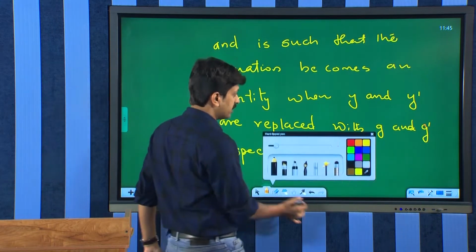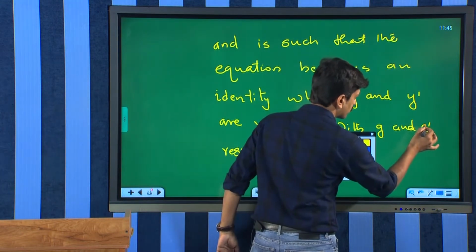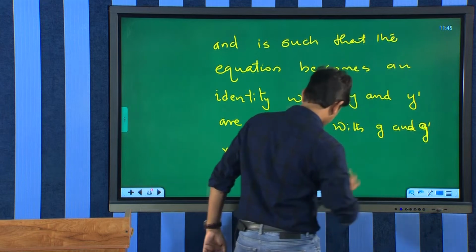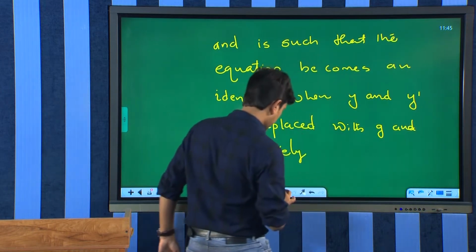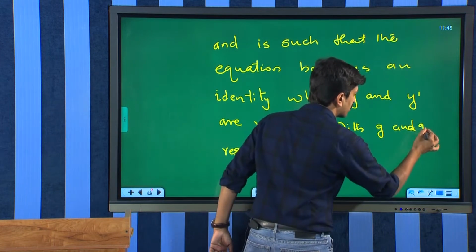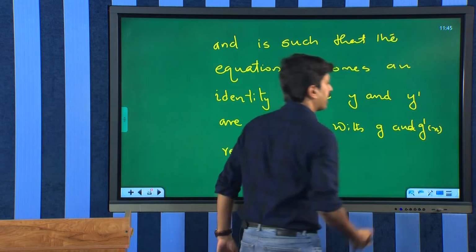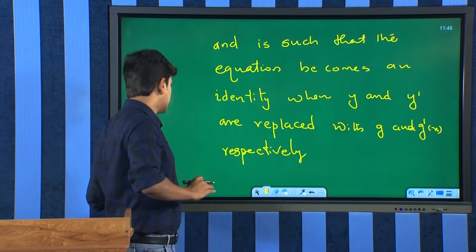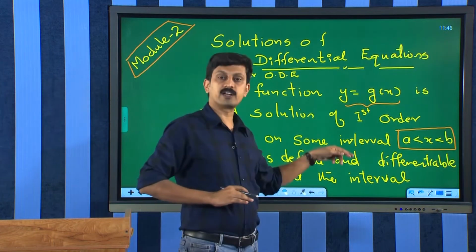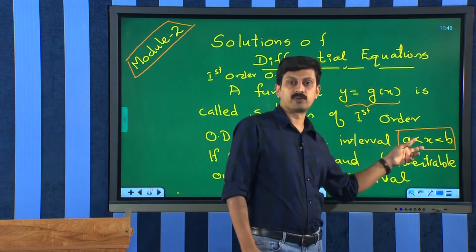Then we say that g of x is a solution of the differential equation on this open interval.